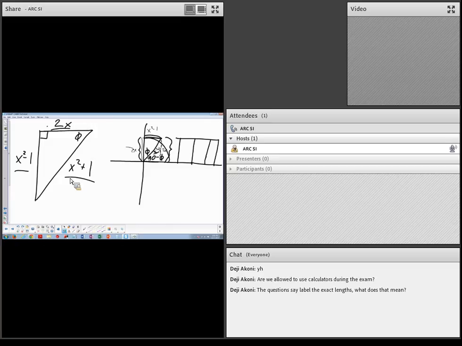Cosine over tan plus is equal to x over 4, squared.